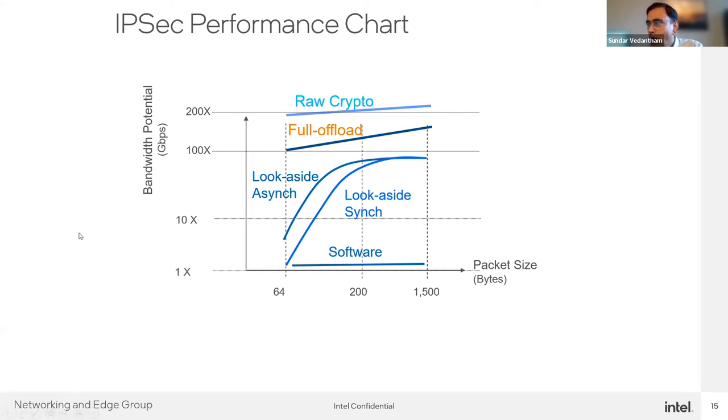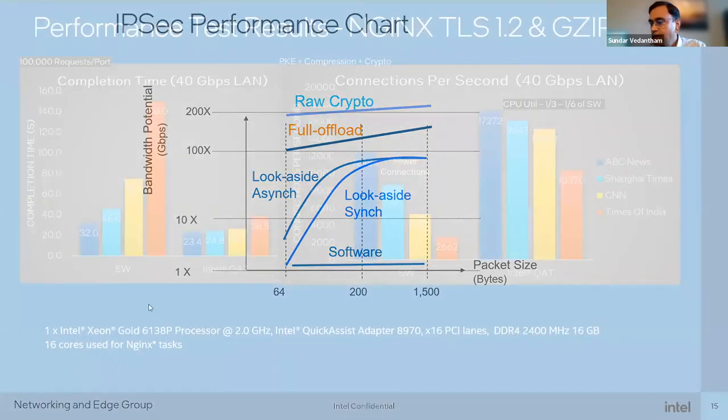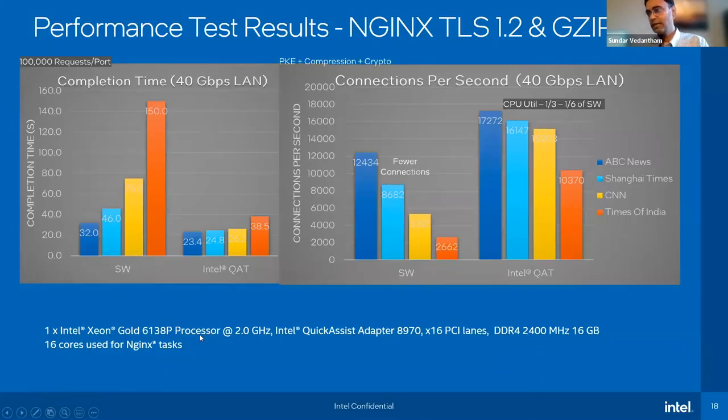So this is an older chart, and this is from our latest Xeon device that is just coming out. In this case, you can see the dark blue indicates ABC News, light blue Shanghai Times, yellow CNN, and red Times of India sites.